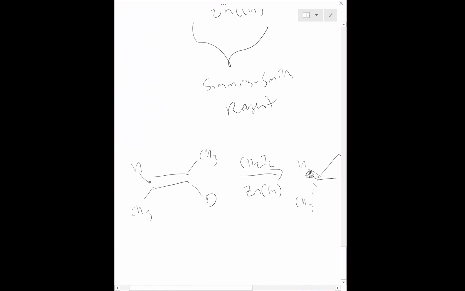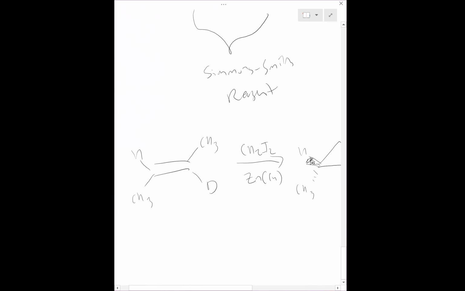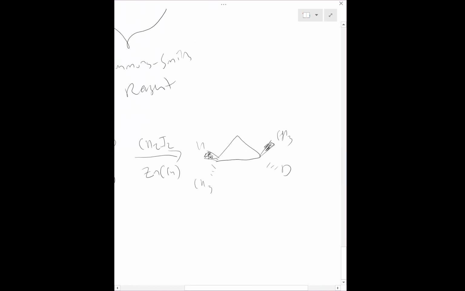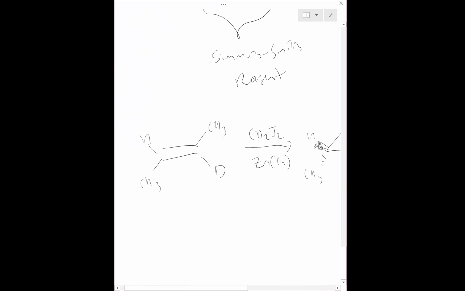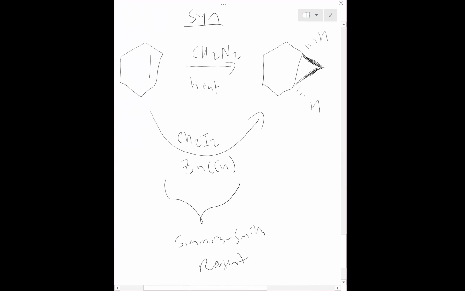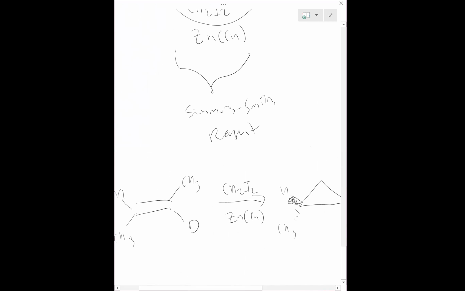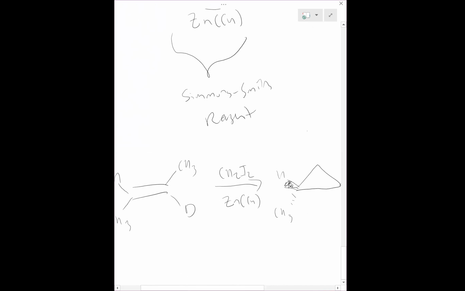What that means is H and CH3 going up, H, CH3 continue going up on a wedge. CH3 and D go down, CH3 and D go down on a dash. So this forms cyclopropane from a double bond. So if it's a ring, it'll be attached to the ring because the double bond doesn't just separate. So this is carbene addition. It forms a cyclopropane.